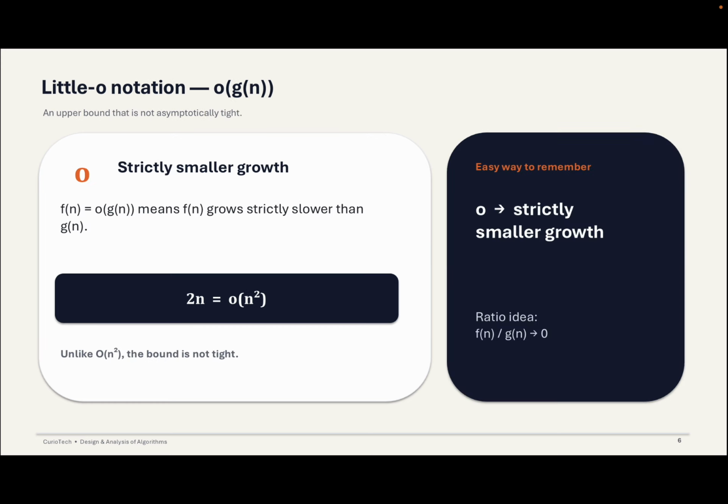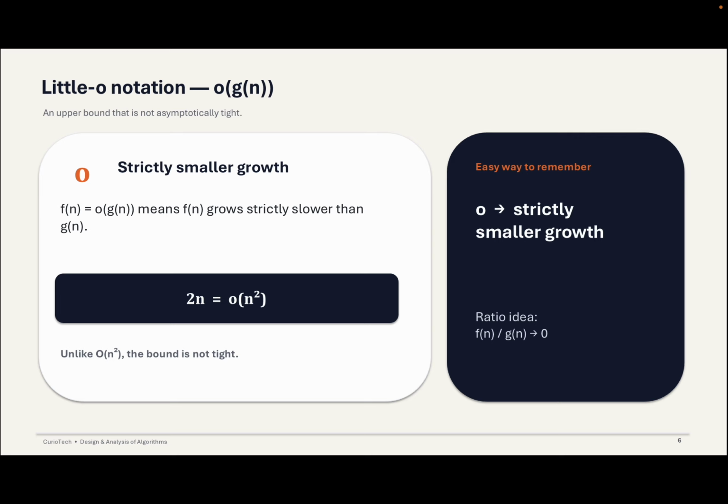Next are the little o notation and little omega notation. These are called not asymptotically tight notations. By not being asymptotically tight, it means they are not exactly correct, they do not exactly give us the approximate value, or you can say that they grow strictly slower than the referential growth.